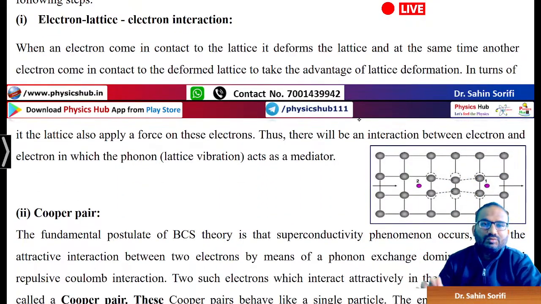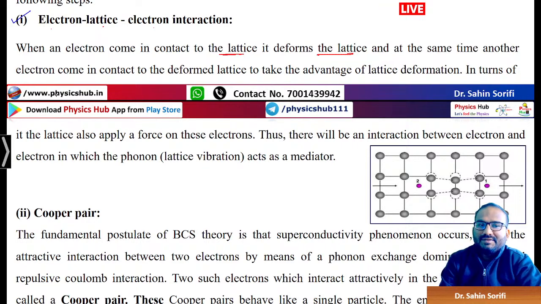The first process is electron lattice electron interaction. In this picture you can clearly see that one electron first comes and deforms the lattice, and in the deformed state another electron comes. When an electron comes in contact with the lattice, it deforms the lattice, quite obvious.